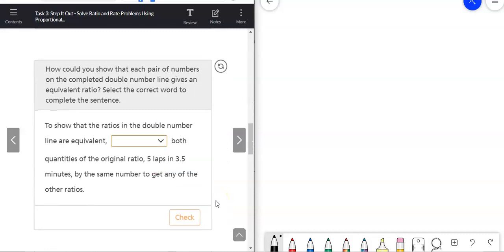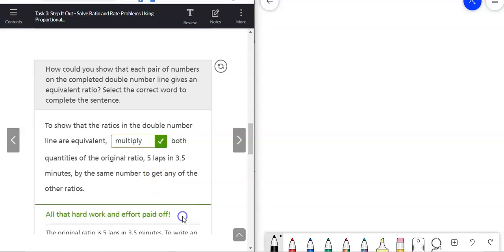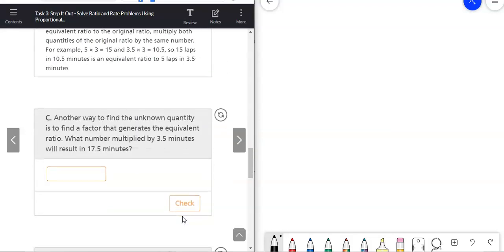Now, how could you show that each pair of numbers on the completed double number line gives an equivalent ratio? Select the correct word to complete the sentence. To show that the ratios in the double number line are equivalent, you can multiply both quantities of the original ratio, 5 laps in 3.5 minutes, by the same number to get any of the other ratios.